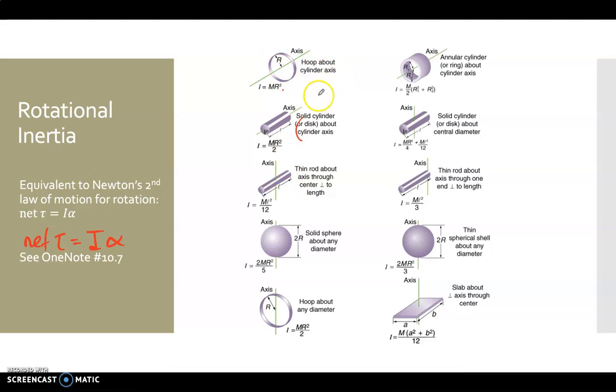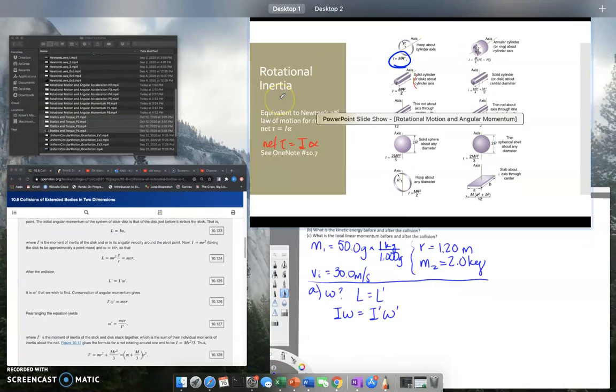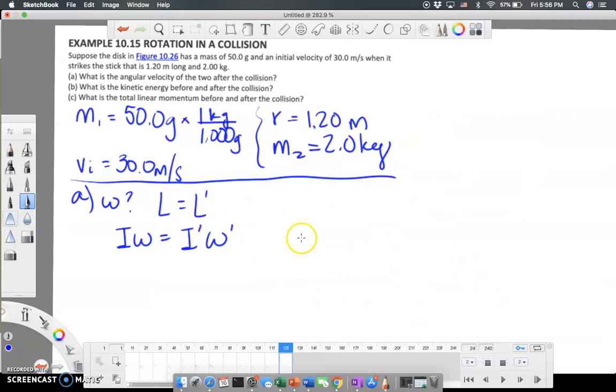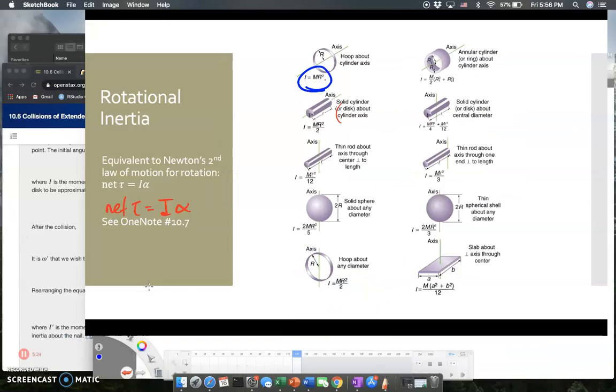The disc can be translated into assuming it is a point mass. So we're going to use this inertia here, mr squared. Again, this is before the collision. So our I is going to be, I can actually just write it now, mr squared.